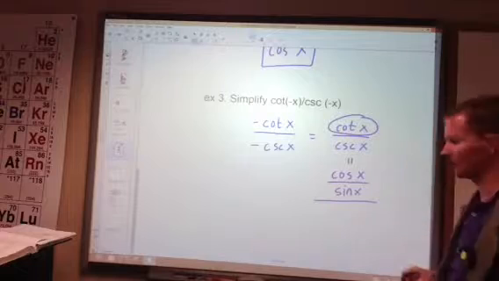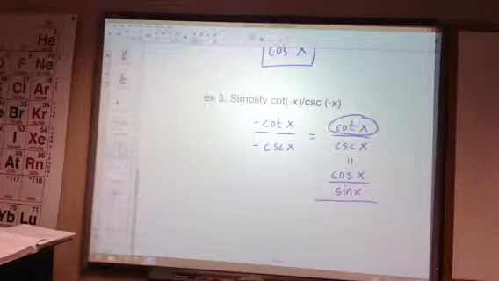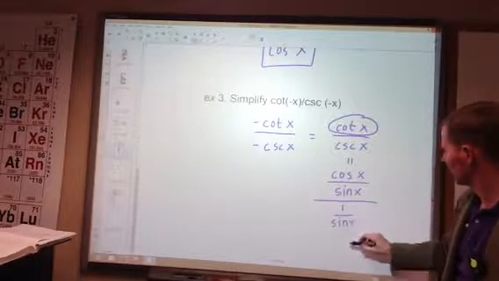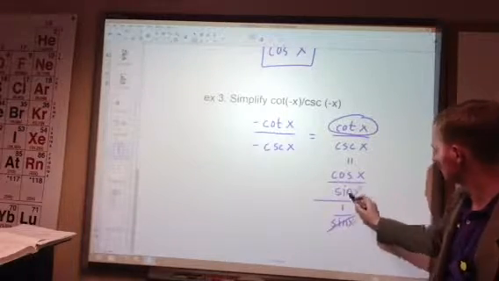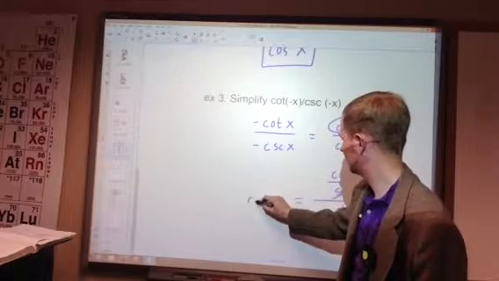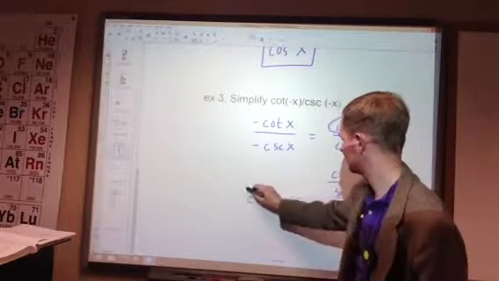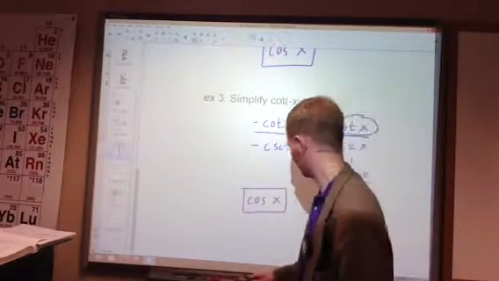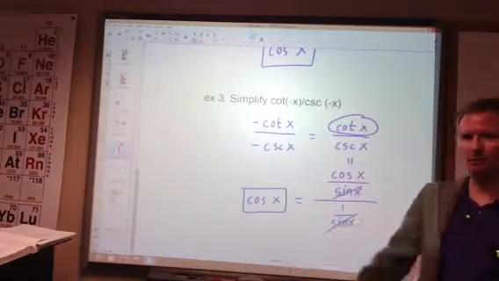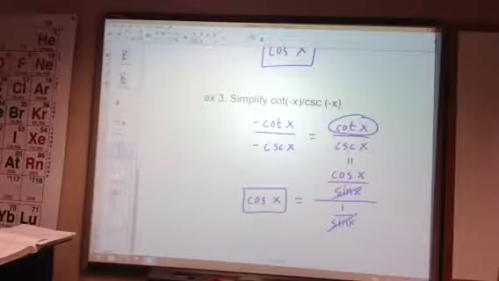And what's cosecant? 1 over sine. So then what happens to my sines? They cancel, and I'm left with what? Cosine of x. Very good. My negatives are going to cancel.